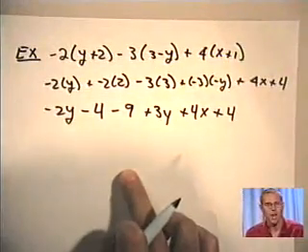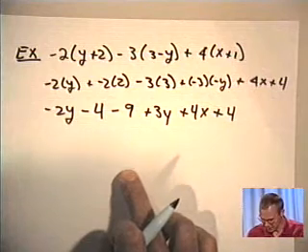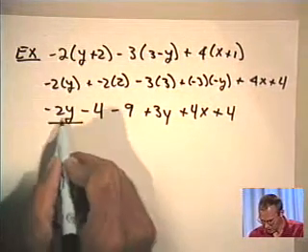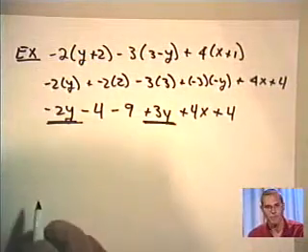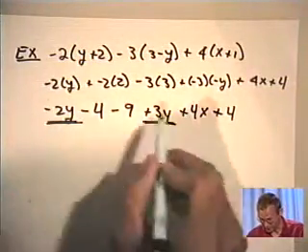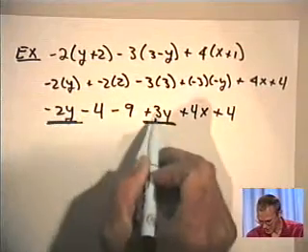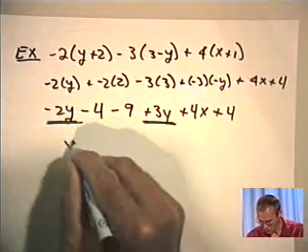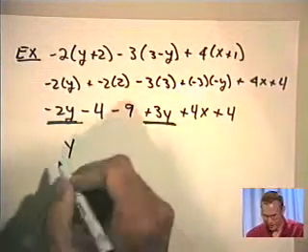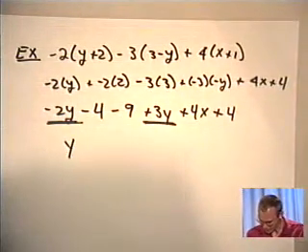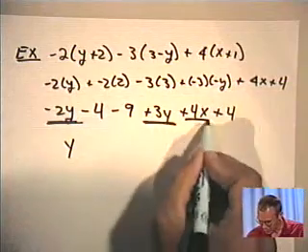Okay, so I've distributed all my numbers through the parentheses. Now the goal is to add the like terms together. Let's see. Here are some y's there. Here are some y's there, so I can combine those by adding the coefficients together. Negative 2 and a positive 3 gives me 1y. Now I can write the 1, or I do not have to write it. I'm going to choose not to write the 1. Let's see, I have 4 x's.